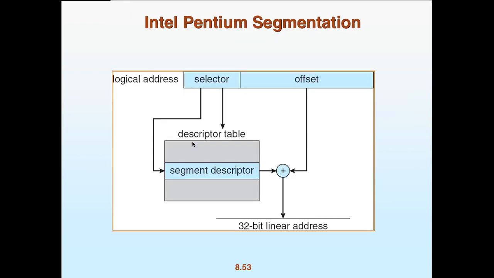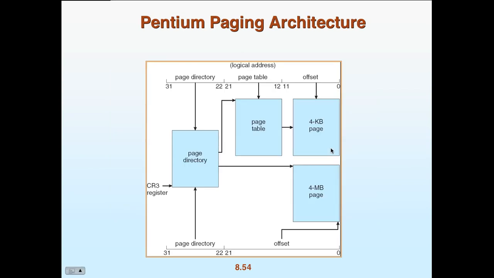And in terms of the Pentium segmentation in this little scheme here, this is our logical address, our selector with our offset. And we have our descriptor table down here where we have a segment descriptor, something identifying the segment in the scheme and then providing our linear address that's associated with it. So looking it up, essentially from a segmentation table perspective, and finding out which we've got.